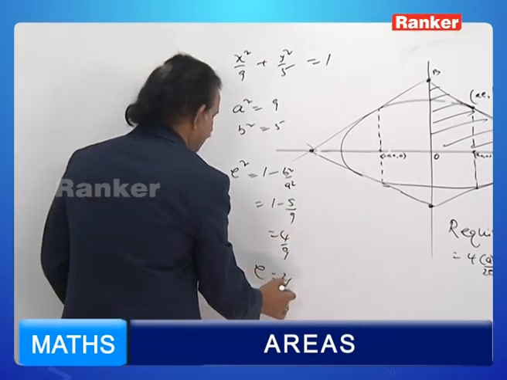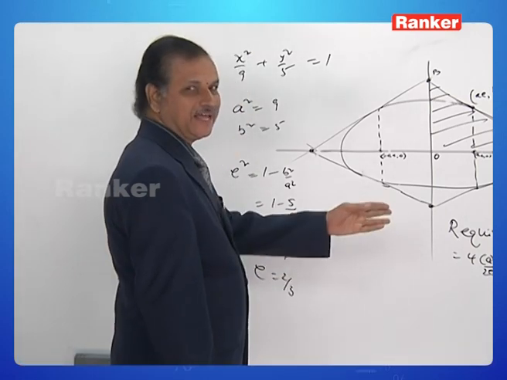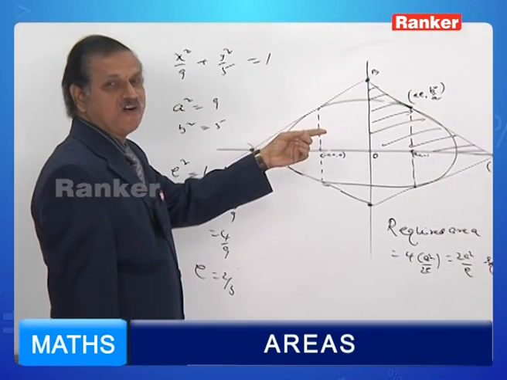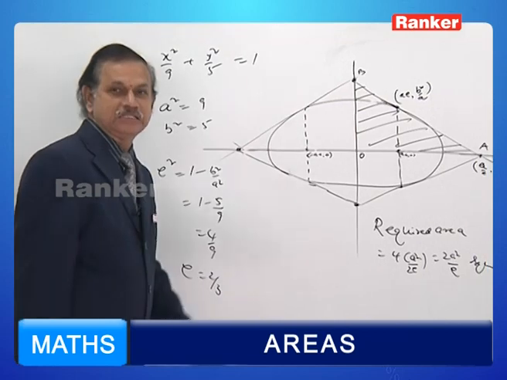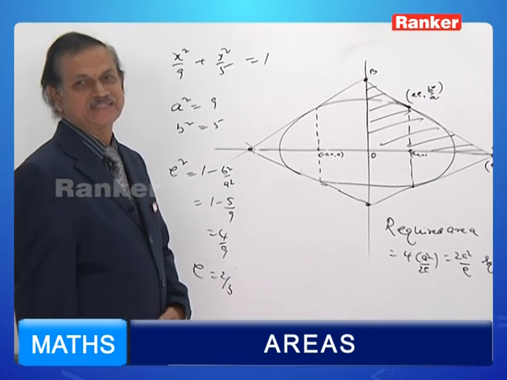Therefore, e is equal to 2 by 3. What is the area of the quadrilateral formed by the four tangents to the ellipse drawn at the four ends of the two latus recta?